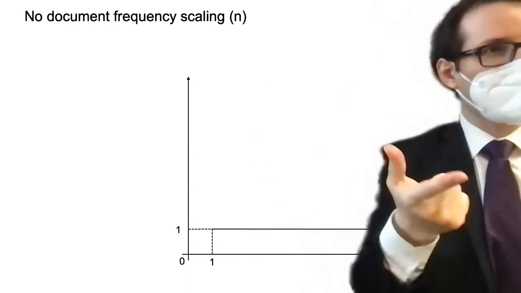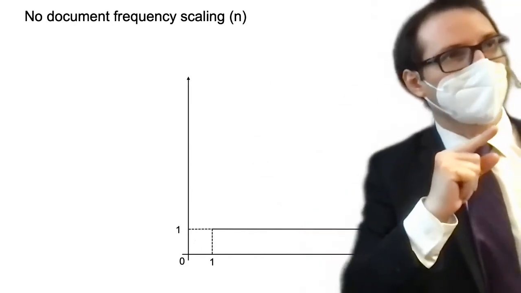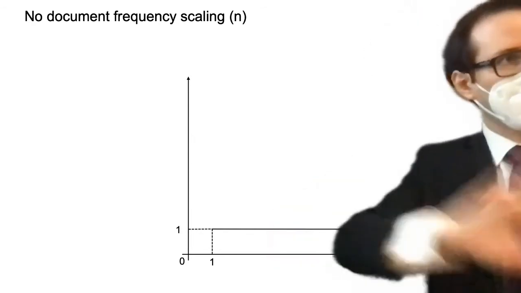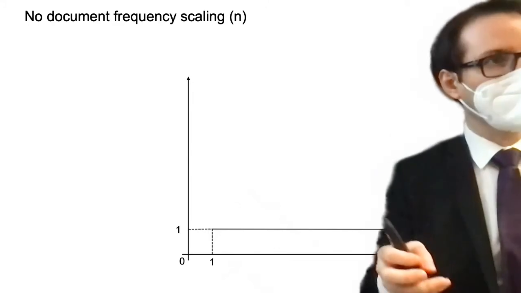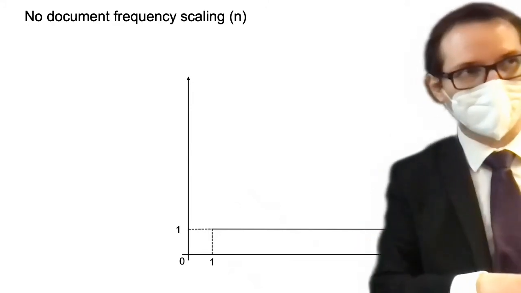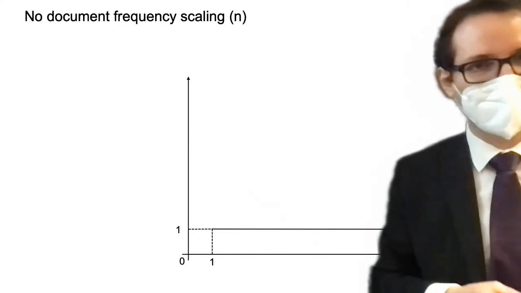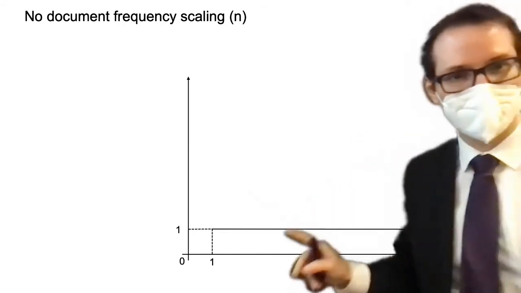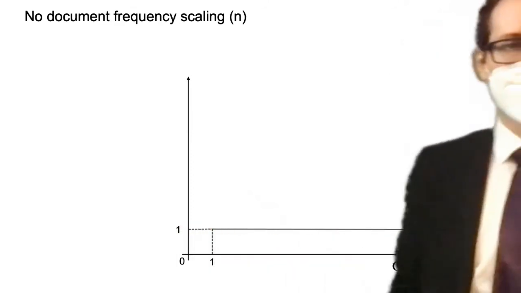Then we can do the same thing. We have a menu for the document frequency. What do we do with the IDF part? So the first idea is nothing. We just do the TF, or whatever flavor of TF we have, and we don't put any DF or IDF. Nothing. So we just use 1 all over the place.